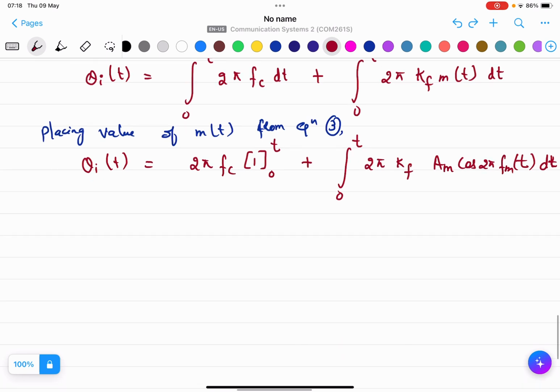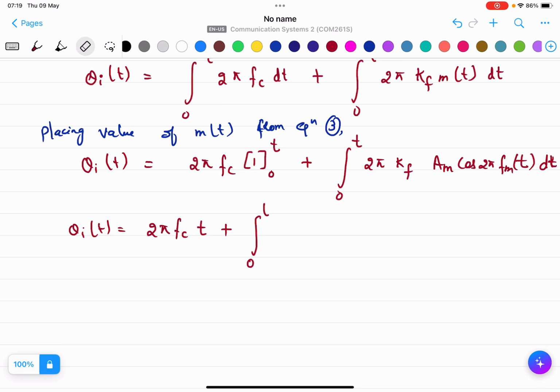Okay, now come back again to this equation. So if I put the limits, it will be 2 pi fc t minus 2 pi fc 0. So it will be 0. So I am just placing 2 pi fc t, right? Plus integral from 0 to t. I can see what is common here.